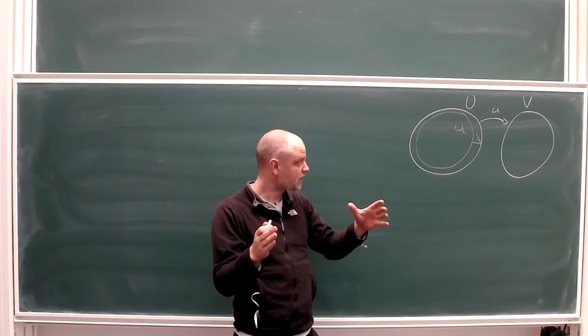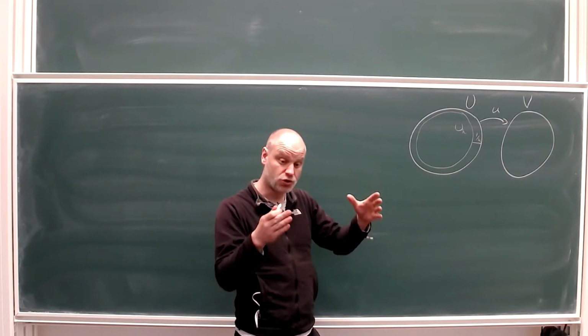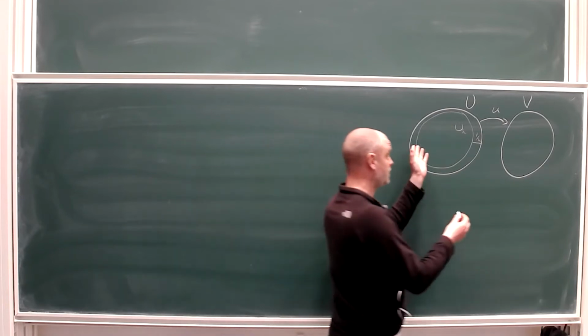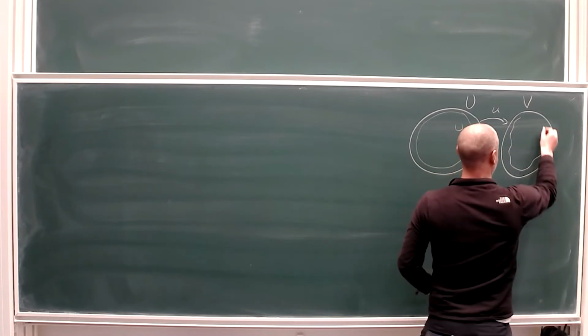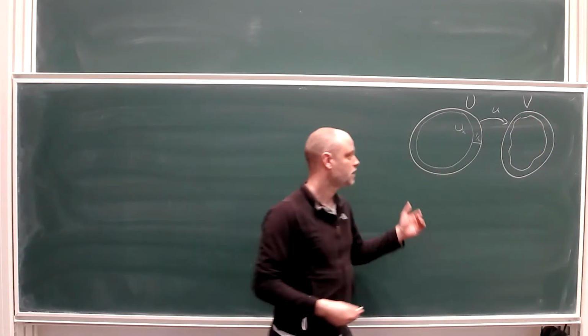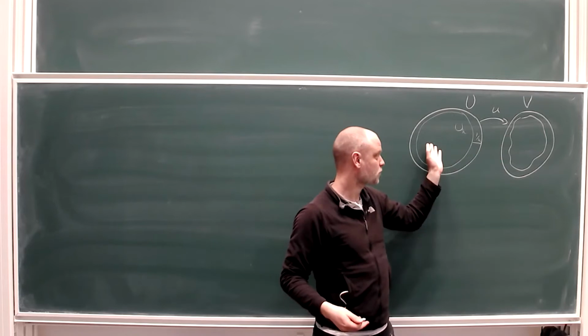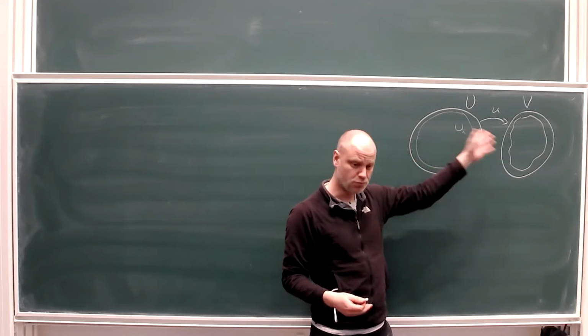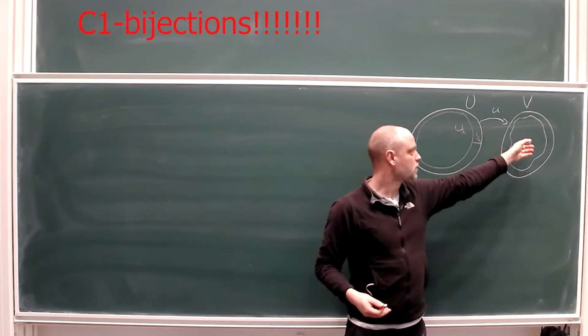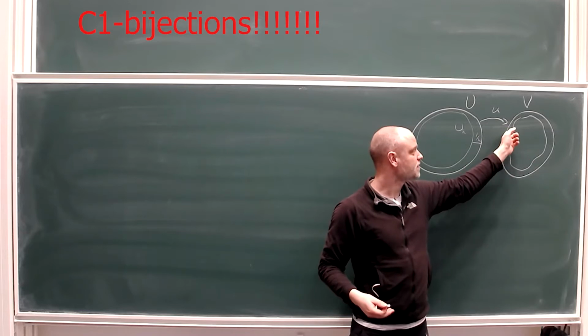Now I get an open set whose closure is compact, right? And the image over here is also going to be open, right? Because a bijection sends open to open. So it also has a finite distance.